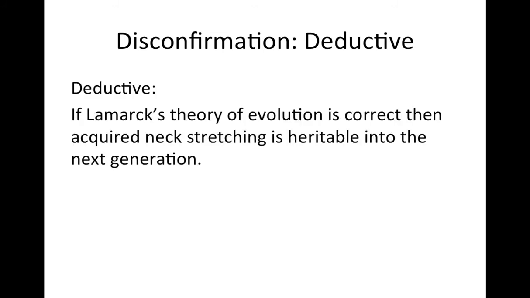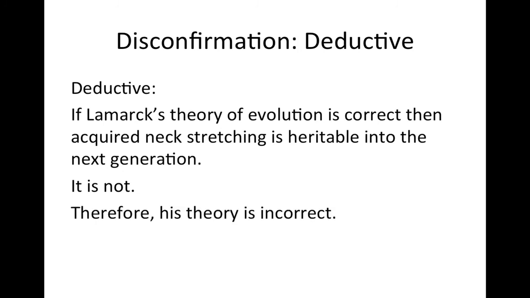If Lamarck's theory of evolution is correct, then acquired neck stretching is heritable into the next generation. In fact, it's not. So if we observe giraffes stretching their necks to gain leaves, and we observe some sort of physiological change in musculature from that stretching, what we see is those effects are not heritable into the next generation. And this is the brilliance of Darwin's distinction between acquired and inherited traits. So we conclude that his theory is incorrect.